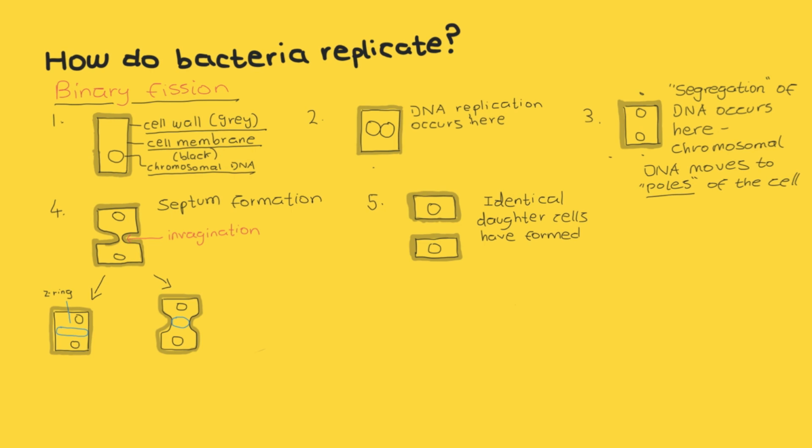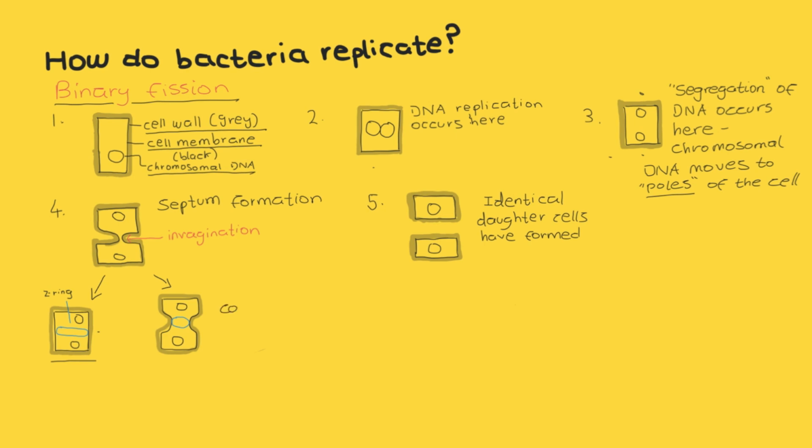So just to explain how invagination actually occurs, in bacterium there is a ring of proteins called the Z ring. I've labeled that in blue right here in this picture. You can see that initially the Z ring is quite open, the diameter is quite large, the radius is quite large, but as the septum begins to form, as the invagination becomes more and more visible, the Z ring becomes smaller in size.